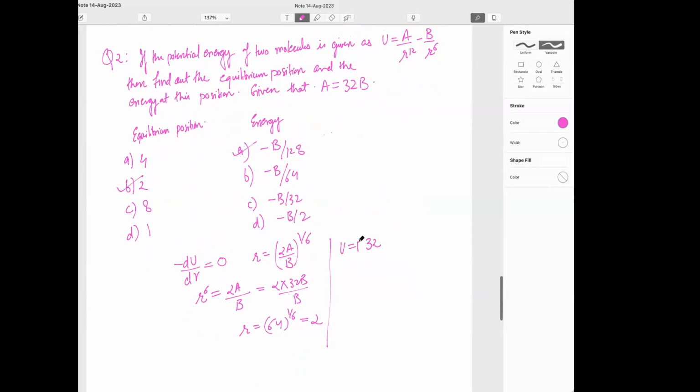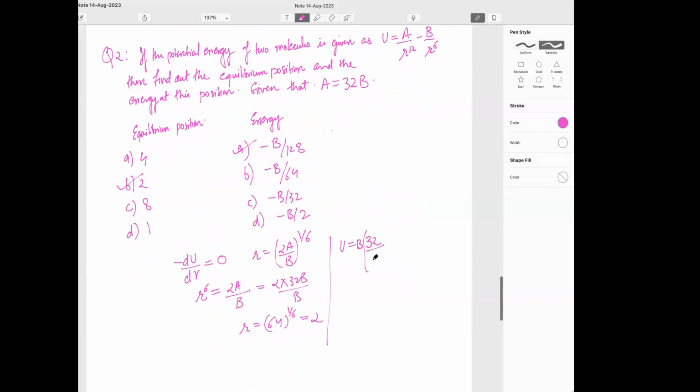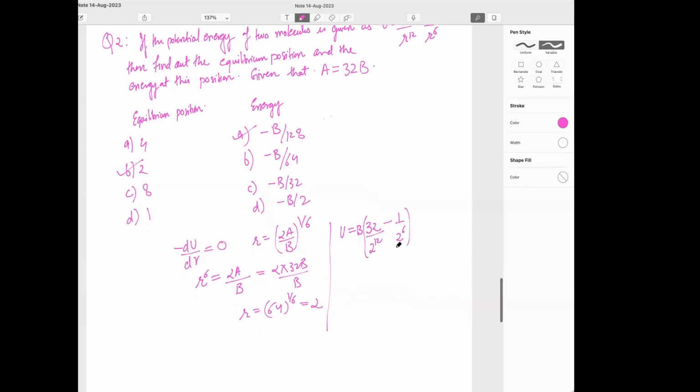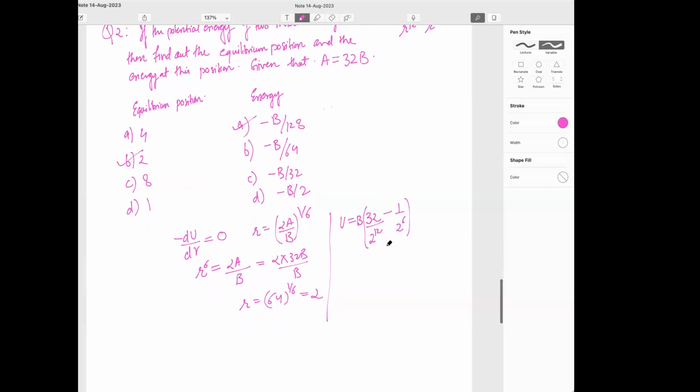B comes out, R to the power 12, which is 2 to the power 12. So you can write it as 2 to the power 6 into 6, then it will be easier to cancel. So this becomes 2 to the power 5, and this is 1 by 2 to the power 7.